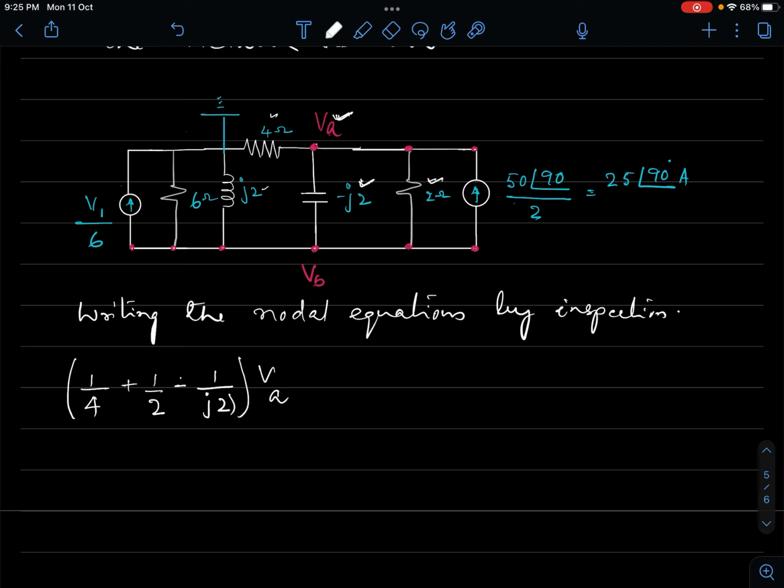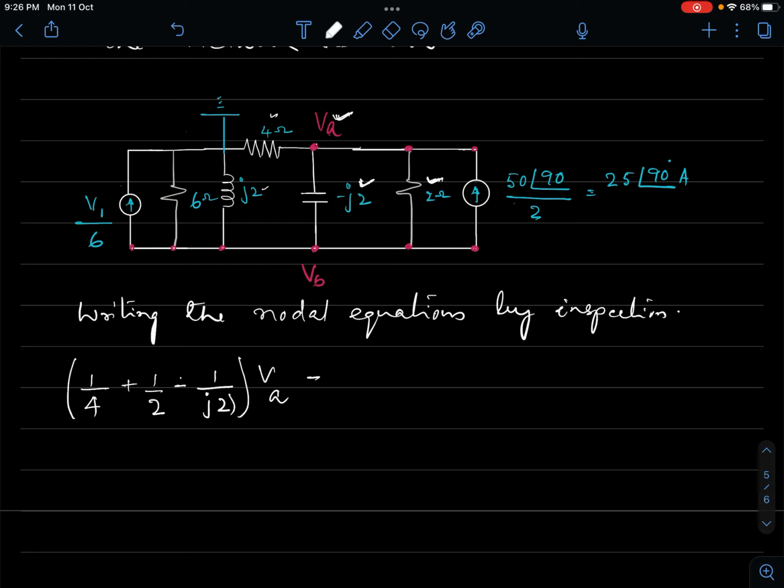Minus, there is another node, right? Minus the sum of all the admittances that are common between VA and VB. What are the admittances common between node A and node B? This 2 ohm is common, and minus J2 is common.